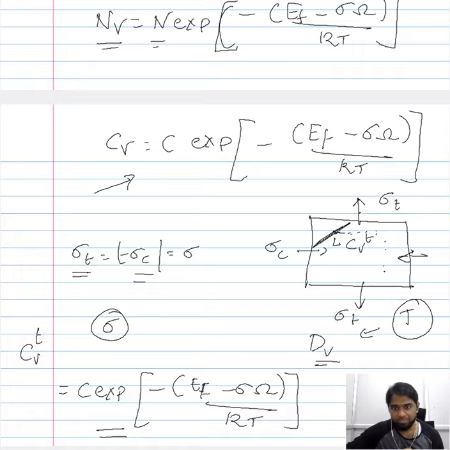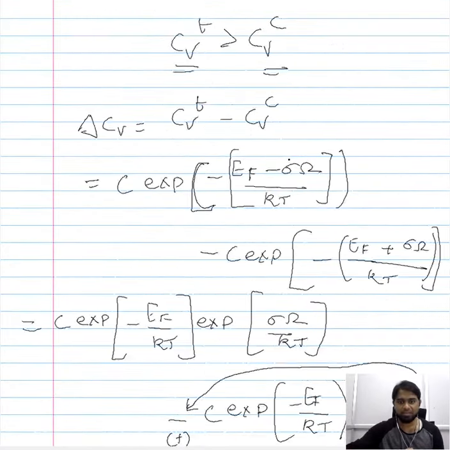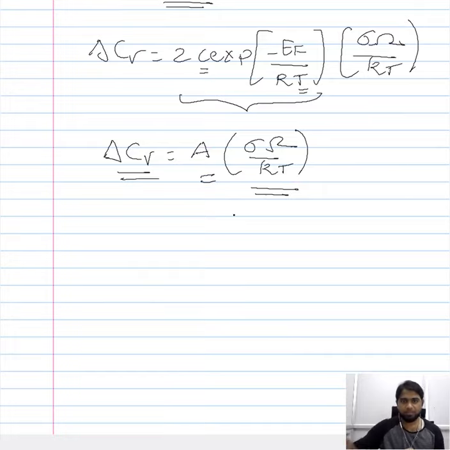The other point is where the tensile load is acting. We want to find the gradient in the concentration across this line L. So that can be done by just taking the ratio of this particular difference in the concentration of vacancies to the difference in the spatial positions that we are considering.